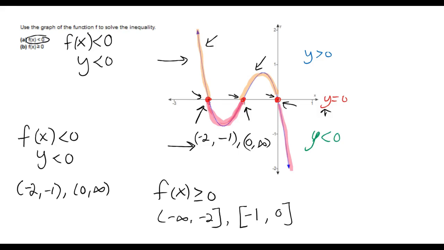Use a bracket. So f of x, my y values, are greater than 0 when x is from -infinity to -2, including -2, and -1 to 0, including both -1 and 0.